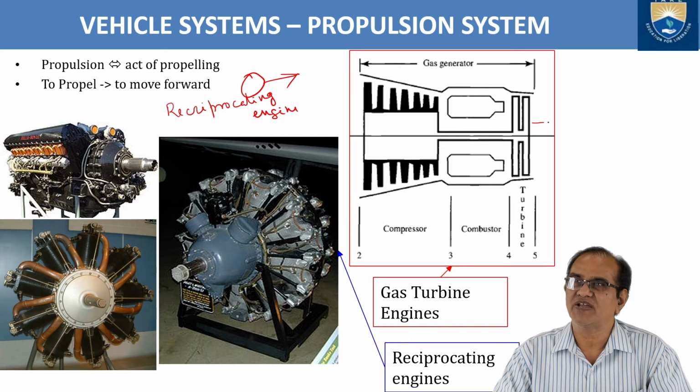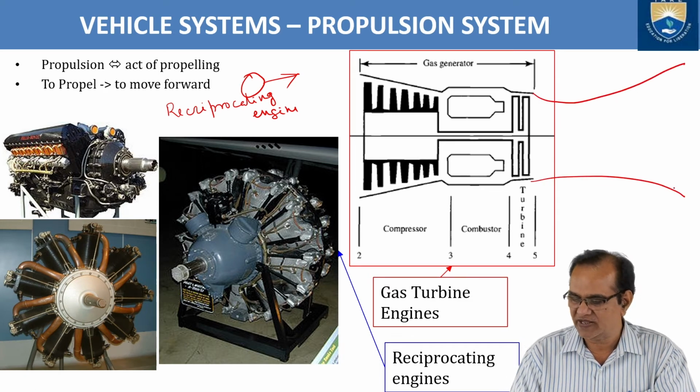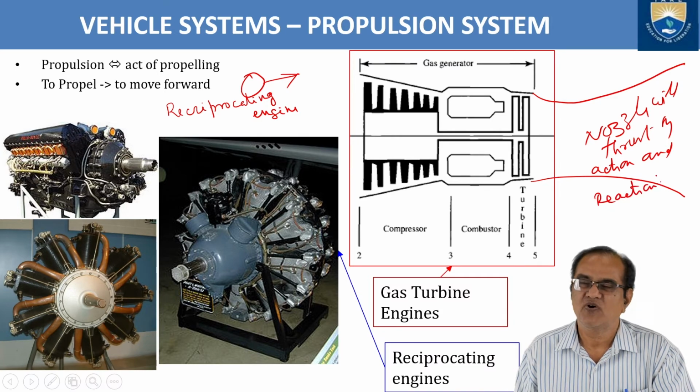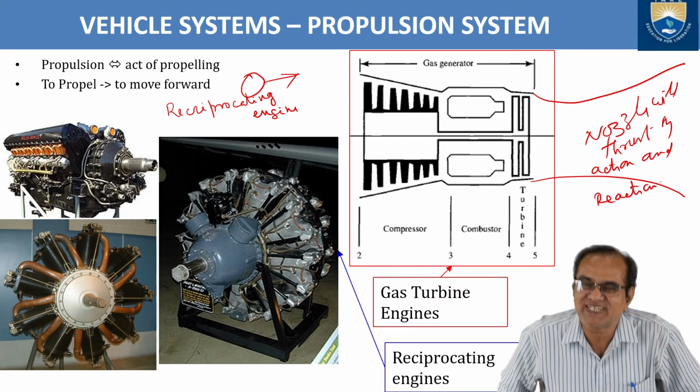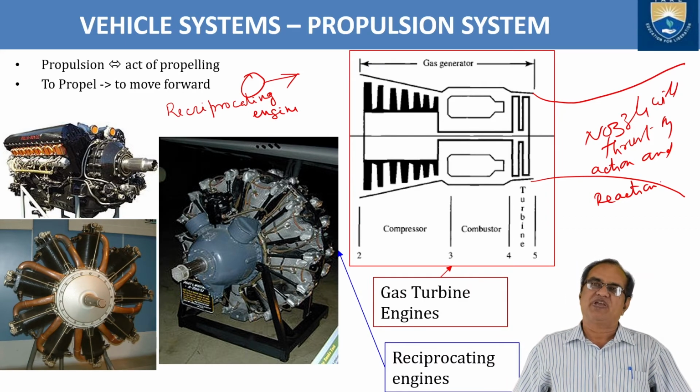Then either we have one shaft with a propeller, or if it is not required, we will have one nozzle here. This nozzle will produce thrust by action and reaction.